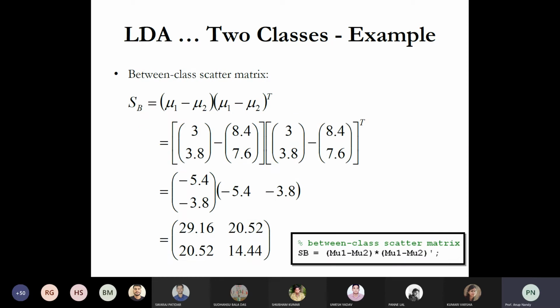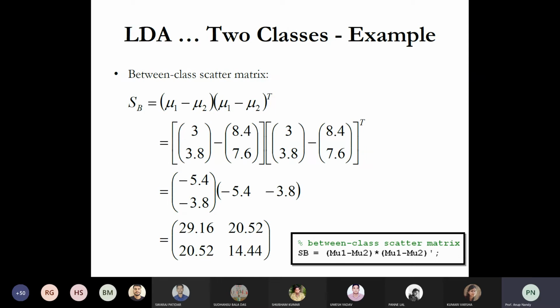Similarly, what is the formula for the between class scatter? You simply have SB is equal to (mu1 minus mu2) into (mu1 minus mu2) transpose. So this is the formula for the between class scatter. It is just a mean difference.